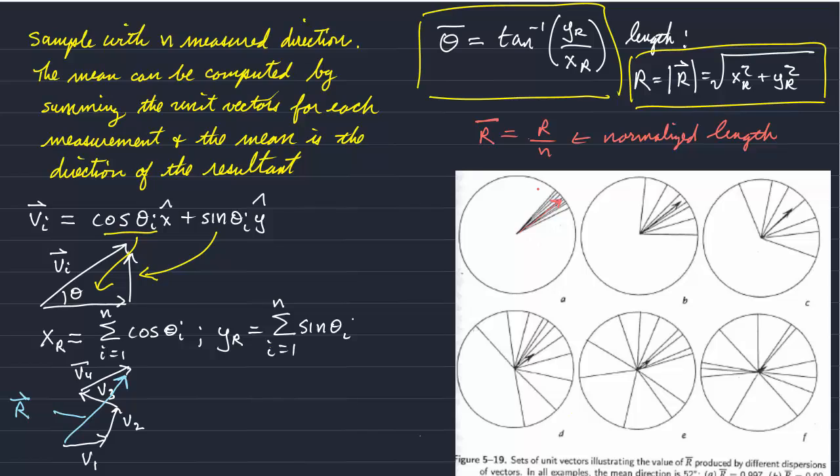Okay, so these are each unit circles. The bars represent the unit vectors of each measurement, and the arrow here represents the direction of the normalized resultant vector, and its length is the magnitude of the resultant vector divided by n. And you can see here it's very close to 1. So when r is about equal to 1, then the variance of measurements is small.